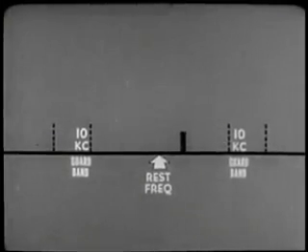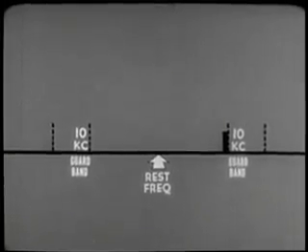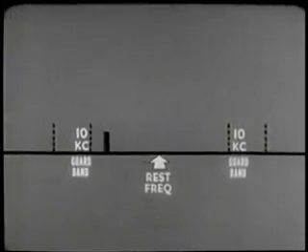This typical channel will allow the carrier a 15 kilocycle deviation above and below its rest frequency.